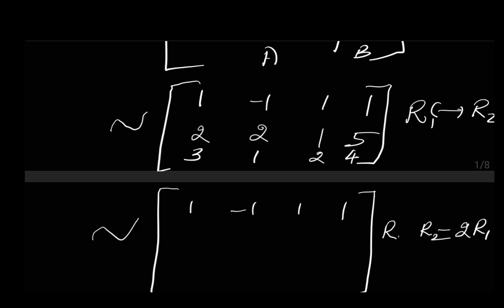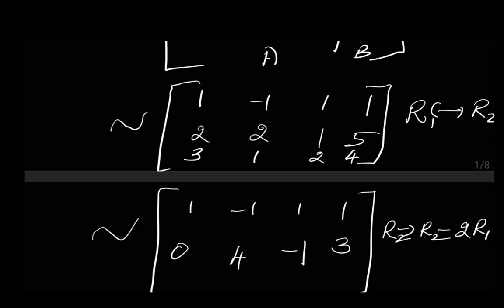So that is our new R2 row. 2 minus 2 is 0, then minus 2 minus 1 plus 2, 2 minus 2 is 0... then minus 2 plus 1 is minus 1, and then minus 2 plus 5, that is you will get 3.